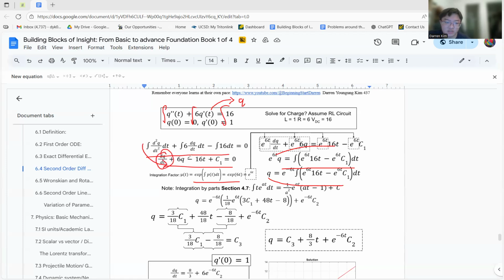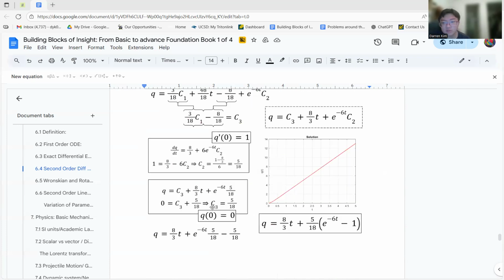And this actually is a solution for I, but it doesn't matter. You don't need to know that. Anyways, you get that thing and you just do a first order ODE basically, go to section 4.7, and you solve this. That's it. That's not bad, right?